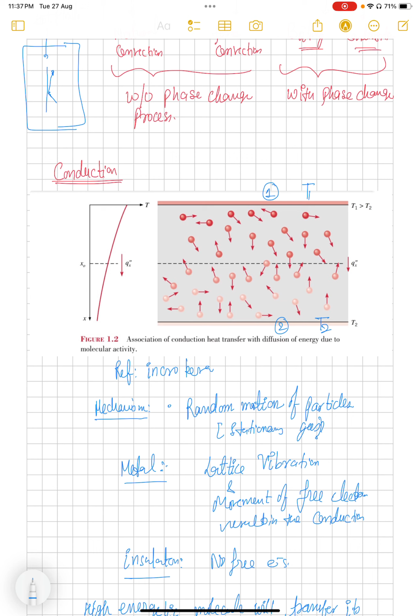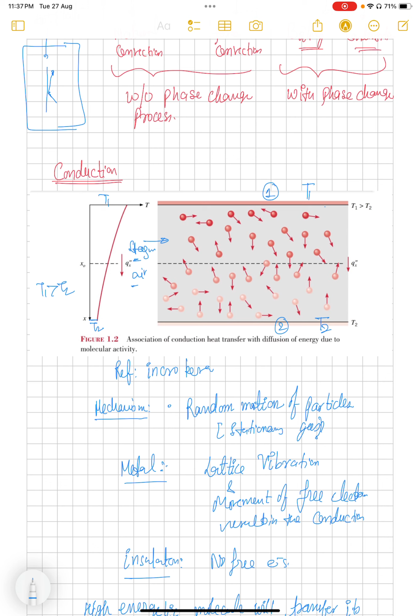T1 is higher and T2 is lower, and there is stagnant air. Because the medium is stagnant, meaning stationary, there will be conduction heat transfer between the two surfaces T1 and T2.